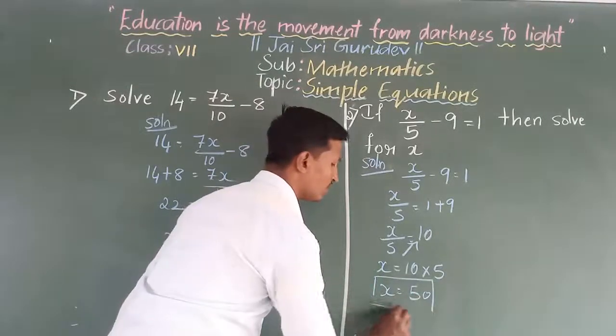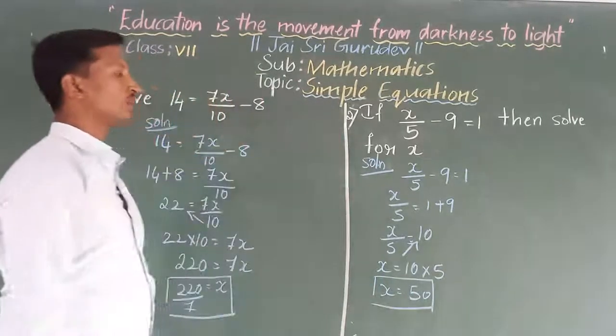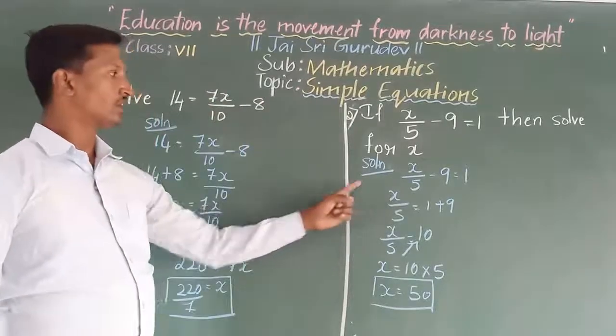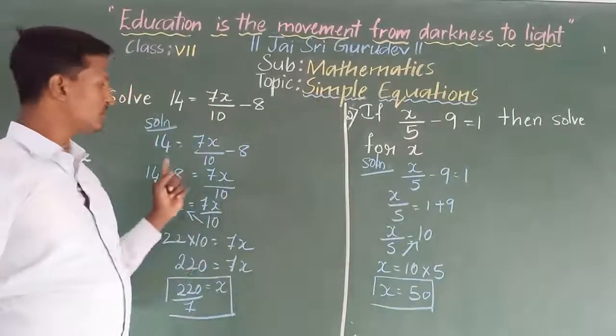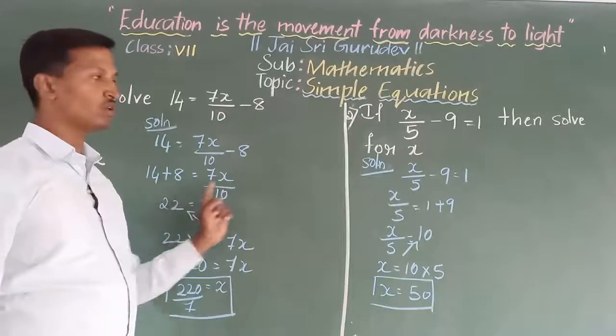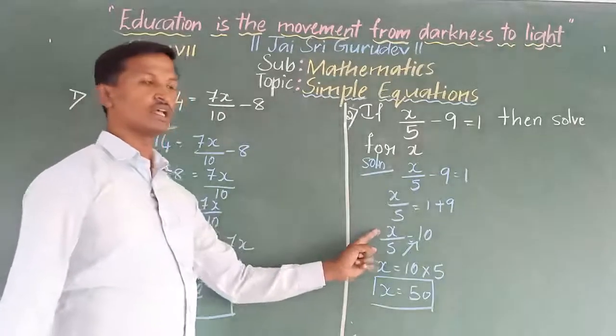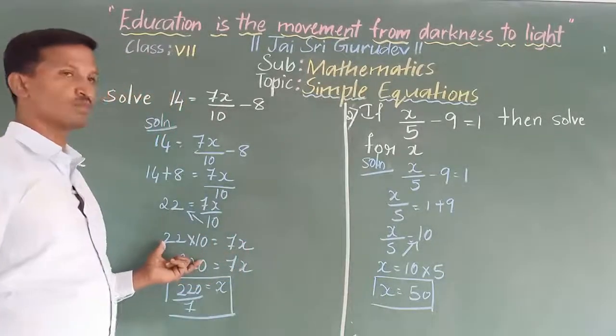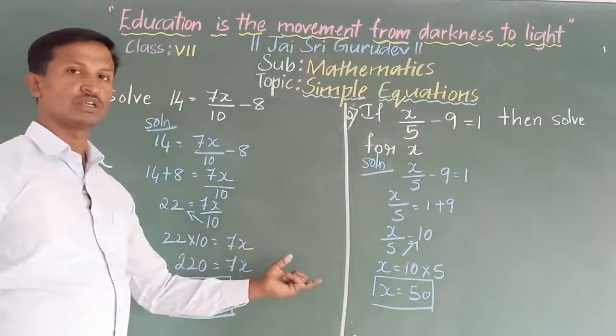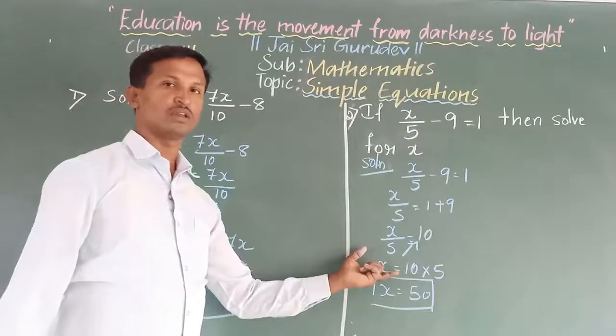We got the value of x for the given equation. Dear children, for this method we solved two problems. There are a few more problems in the textbook. Have you understood? Shall we move to the next one?